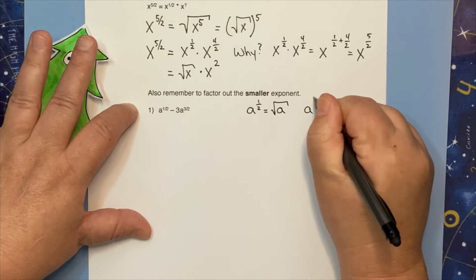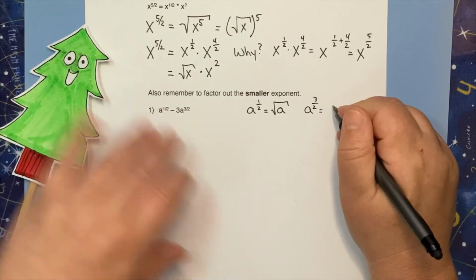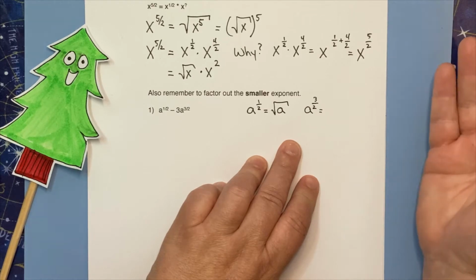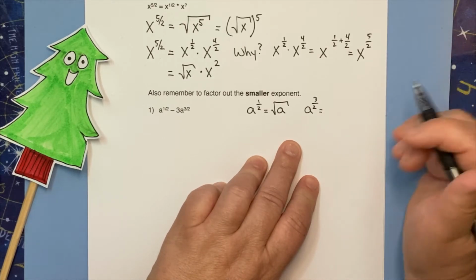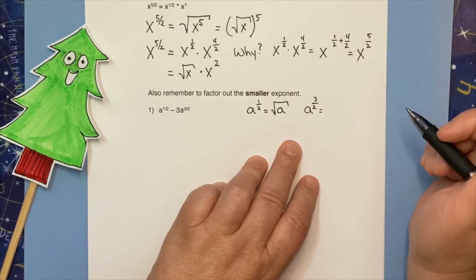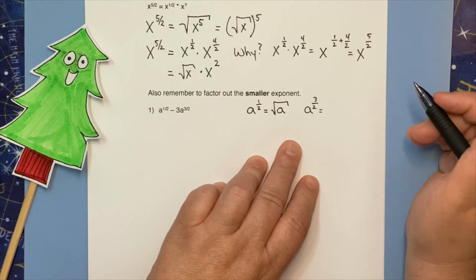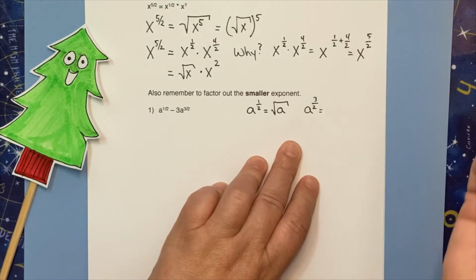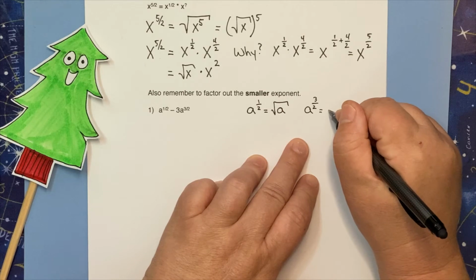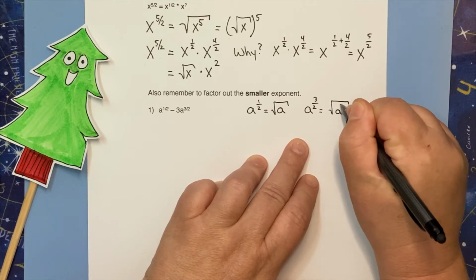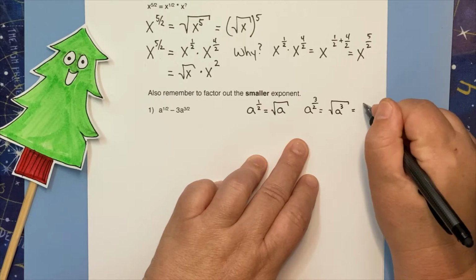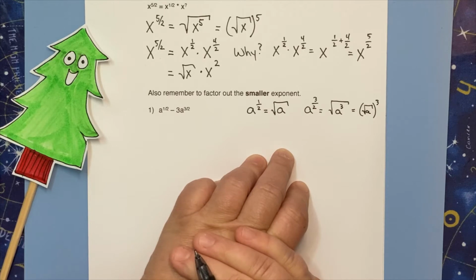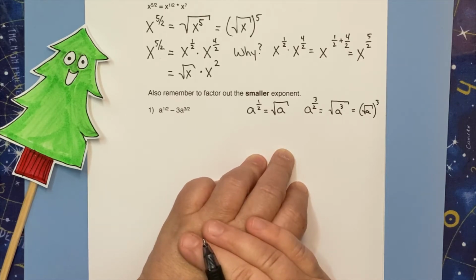A to the 3 halves is, and again, as long as radical a is well-defined in whatever system you're using, so as long as we're not having trouble with the domain, in other words, we're not having a square root of a negative number that we don't know how to handle, so if a is 0 or positive, we've got radical a cubed, right? We can look at it either way, as long as a is 0 or positive.